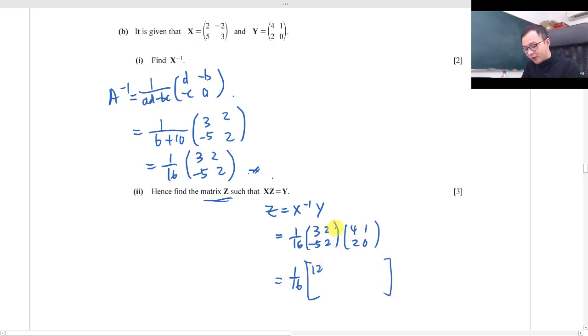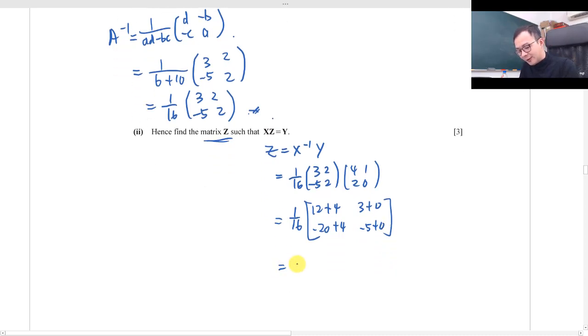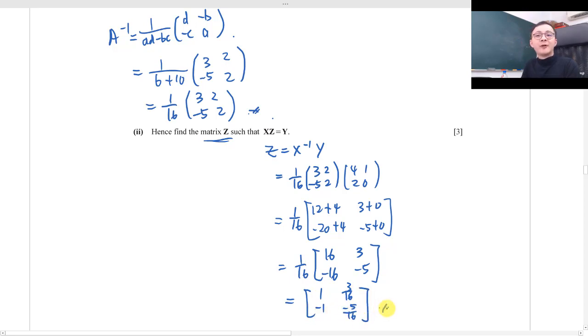So this is 12 plus 4, and then this is 3 plus 0, this is negative 20 plus 4, and this one is negative 5 plus 0. I hope I didn't make any mistake here. So this is 1 over 16 times 16, 3, negative 16, negative 5. If I multiply in, I should get 1, 3 over 16, negative 1, negative 5 over 16. Alright, should be quite simple.